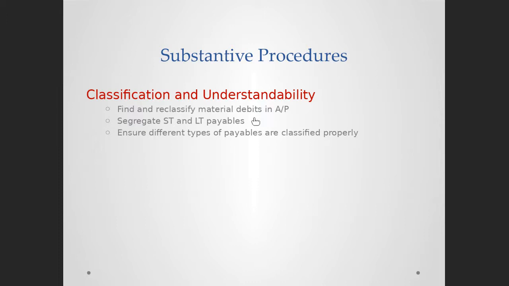Segregate short-term and long-term payables. Now, all accounts payables are short-term. If there are other payables like notes payable, officer payable, or bonds payable that are long-term, they should be separated from the accounts payable, which are short-term. And then we want to ensure that different types of payables are classified properly. So here, if we have something called a contingent liability, or we have a court case going on, then that should be classified separately, based on the ruling, based on the possibility of them losing or winning the court case.